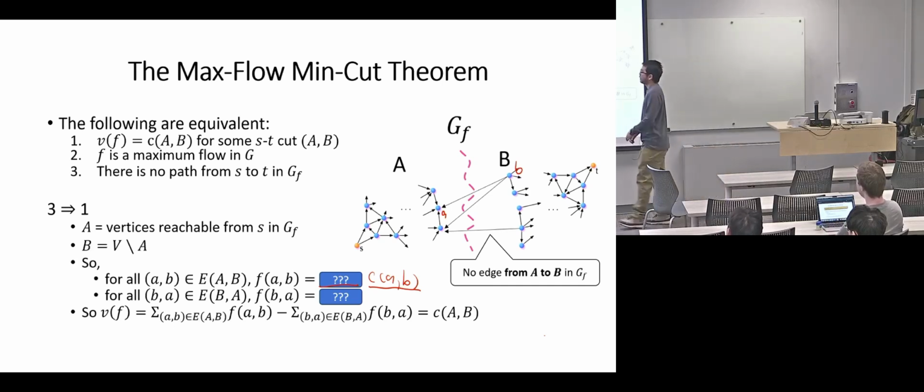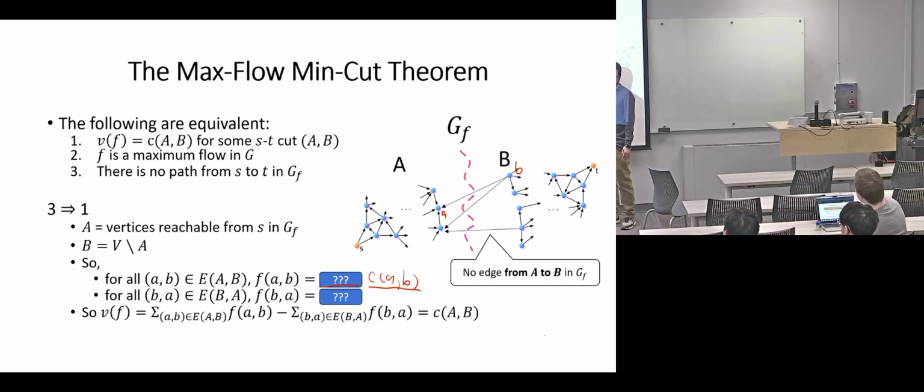Suppose that flow F is maximum. There's no path from S to T in the residual graph. So just find A, the set that S can reach. We just proved that this cut's value is the same as Maxflow, and so this must be a minimum cut.